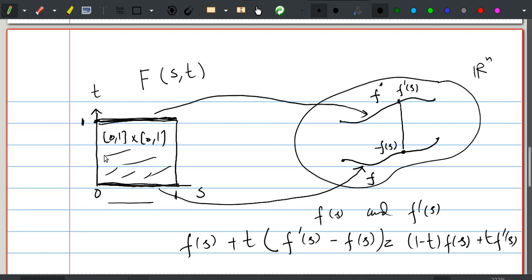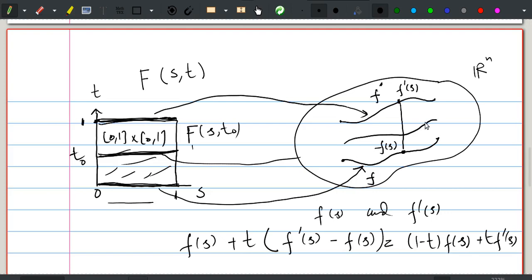Now suppose we take another point, t naught. Then F(s, t naught) will be mapped to some curve over here, say this curve. So actually this is a movie.